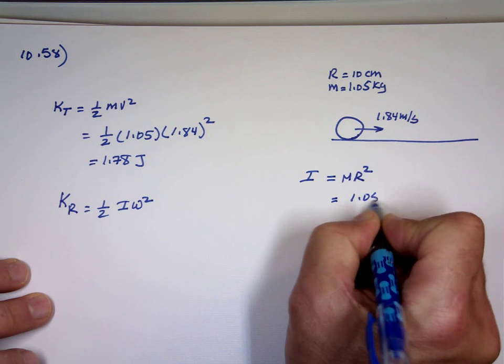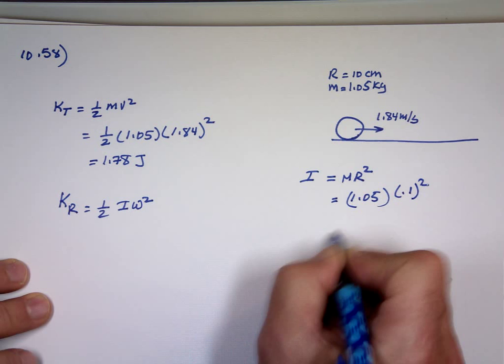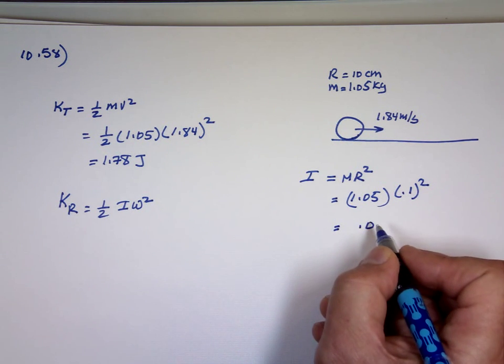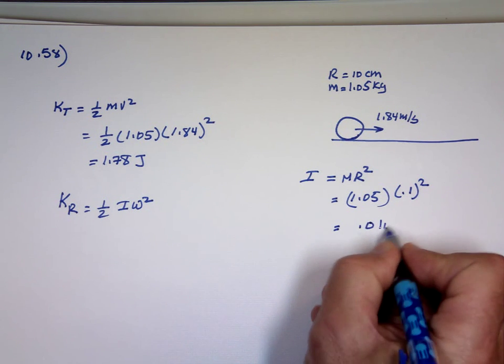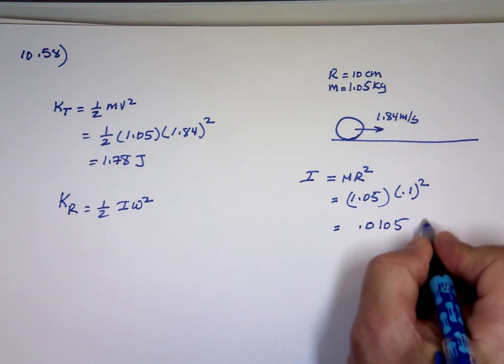M is 1.05, R is 0.1 squared. 1.05 times 0.1 squared is 0.0105 kilogram meter squared.